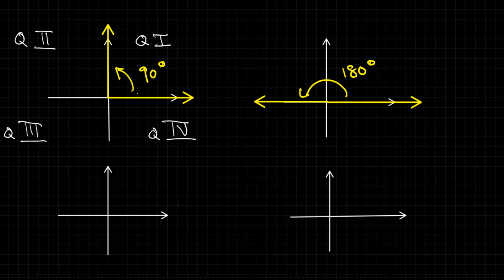And if you go 90 degrees 3 times, then you end at the negative y-axis here, and 90 times 3 is 270. So go ahead and draw this angle here, and this would be a 270-degree angle.